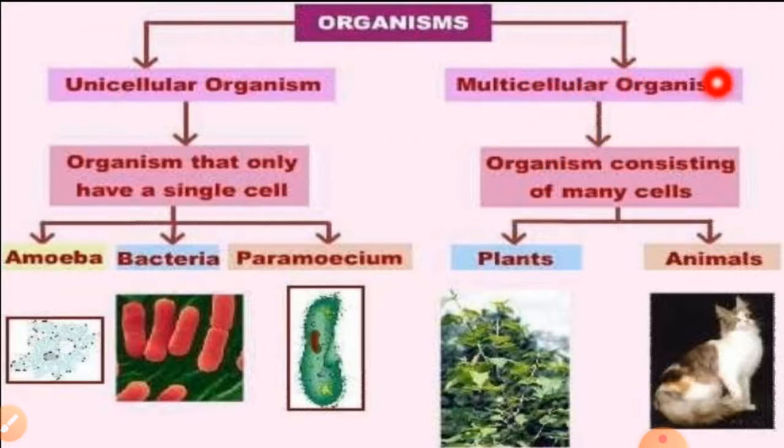This type of organism is called multicellular, and they are found in plants and animals. Unicellular organisms are found in amoeba, bacteria and paramecium. For example, algae that grow in water contain a few cells to a few hundred cells.